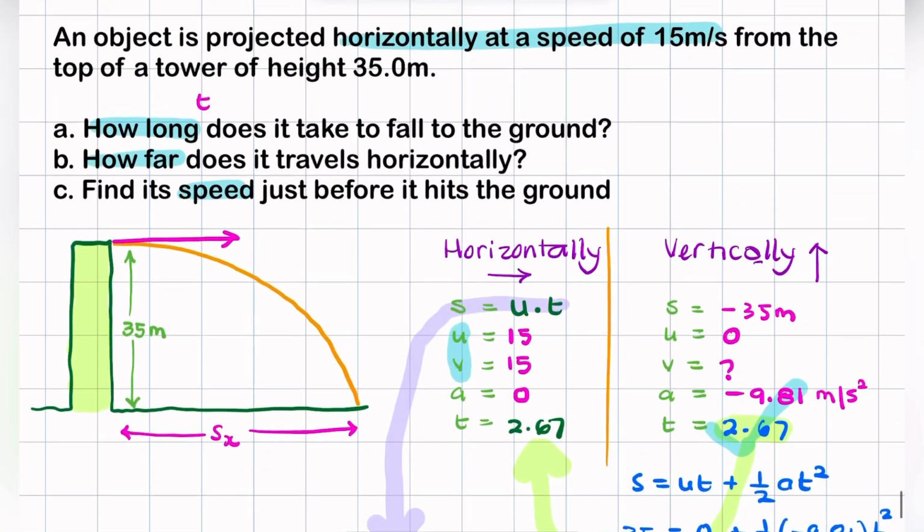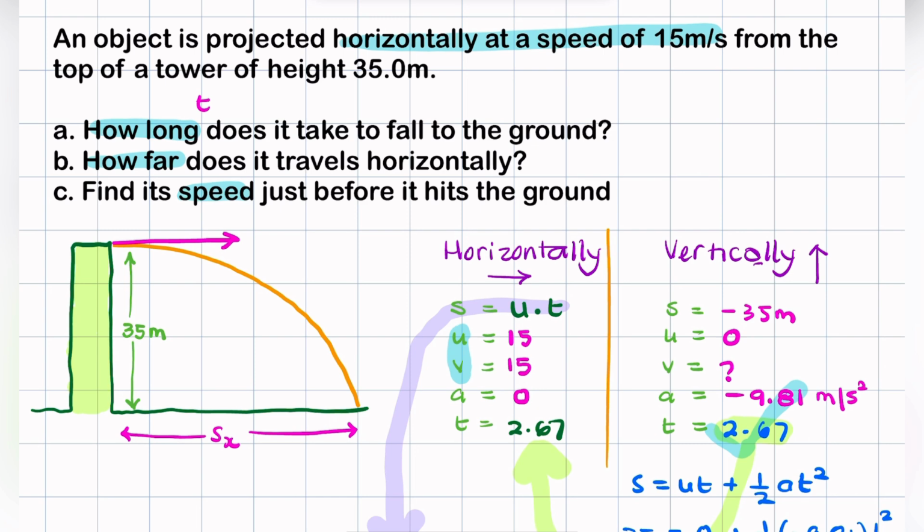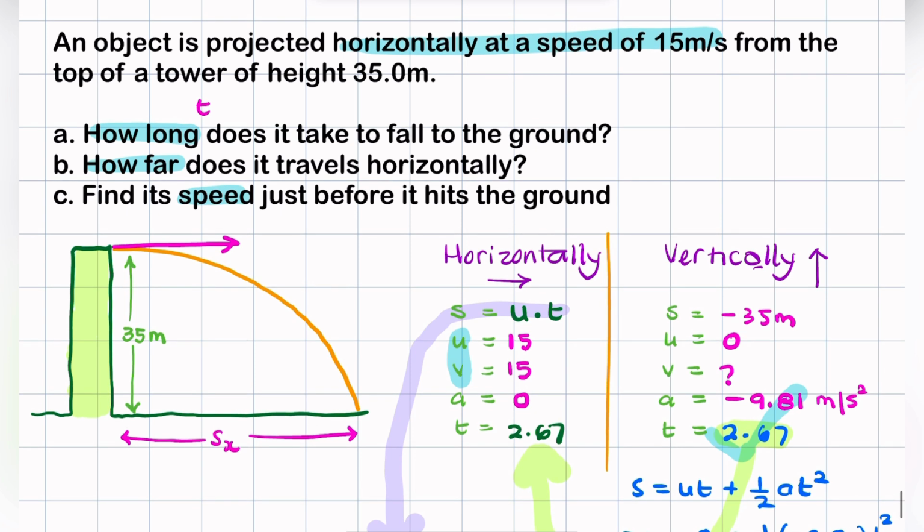So whenever you encounter a projectile question, try to split your work into work in the x direction and work in the y direction, because horizontally there's no acceleration. Vertically it is accelerating, and because it's accelerating in the downward direction we use a negative sign.